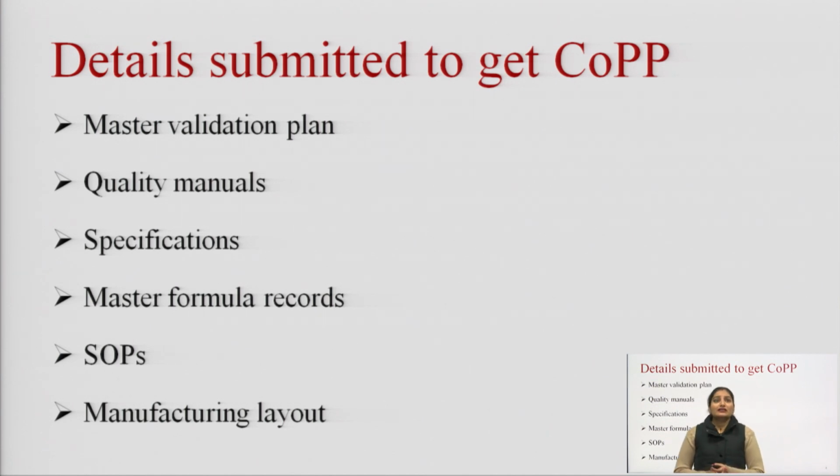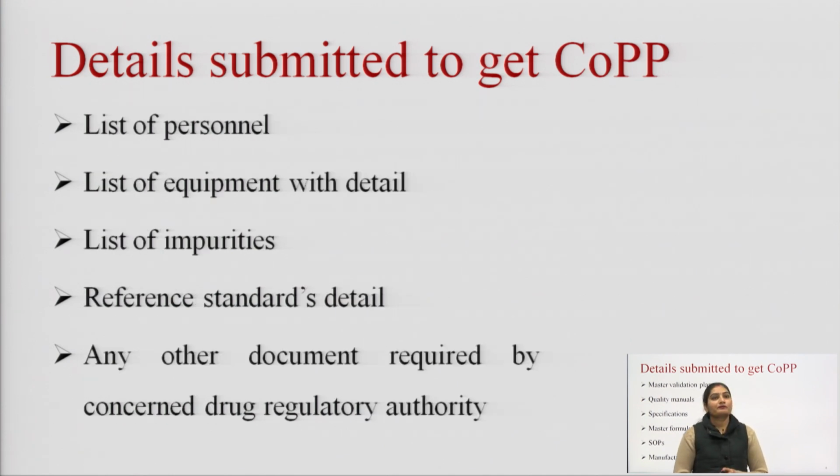Generally, these requirements should be mentioned to get the COPP. The requirements that should be submitted to get the license for COPP are: first, master validation plan; second, quality manual; third, specifications; fourth, master formula records; fifth, SOPs; sixth, manufacturing layout.